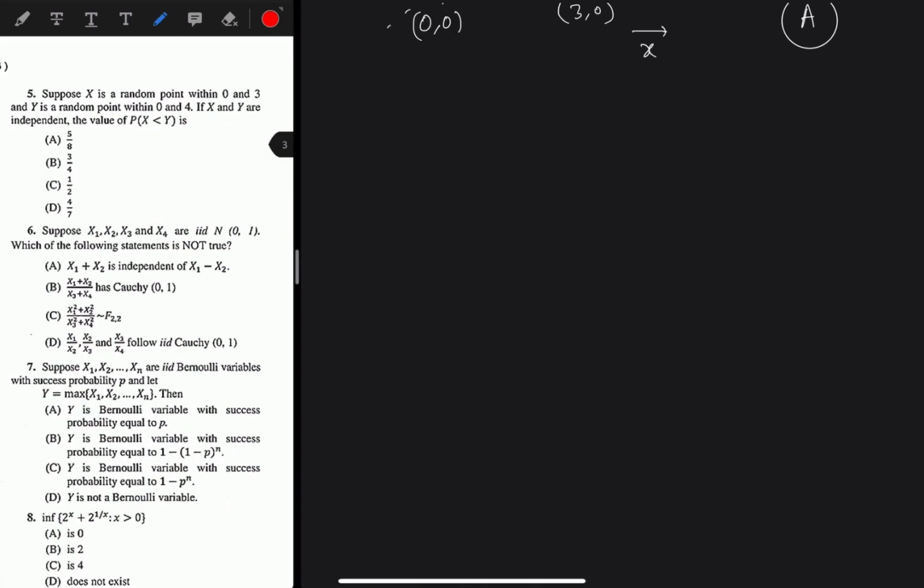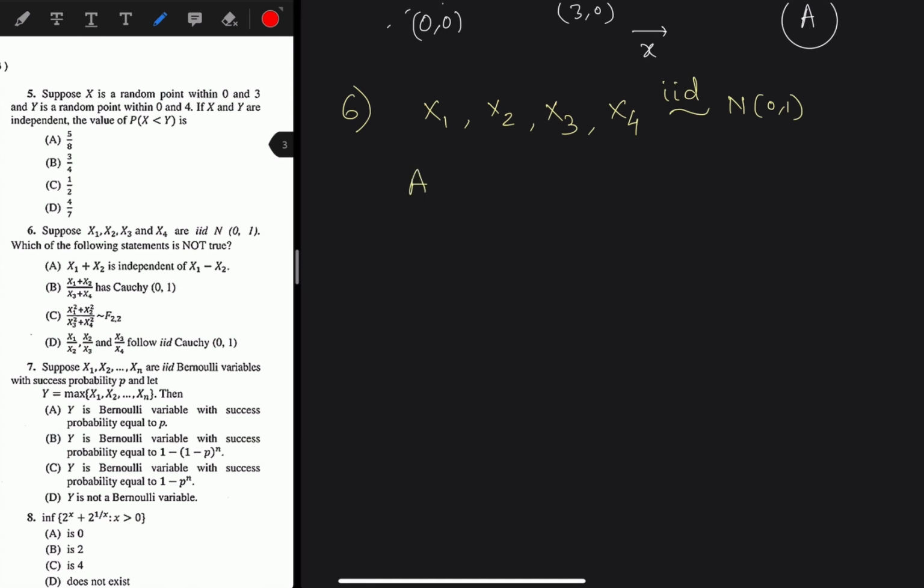So now start the next problem, question number 6. We are given that x1, x2, x3 and x4 follow IID normal 0, 1, and we have to find the option which is not true.